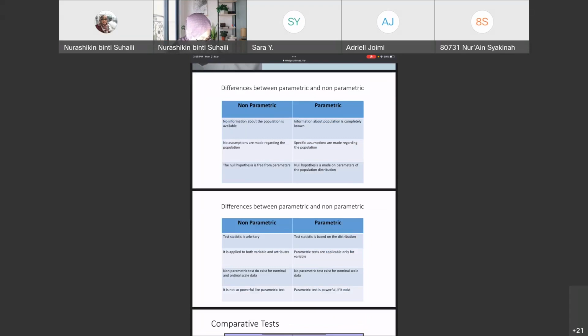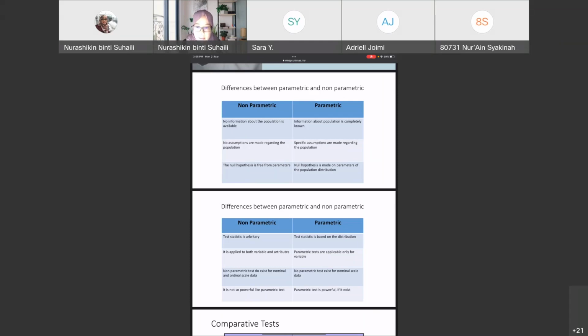What else? The test statistics are based on distribution. Test statistics are arbitrary. So basically you can see the comparison between non-parametric and parametric. For non-parametric, we don't have much information. Sometimes we cannot make assumptions, and you can see here test statistics is arbitrary, whereas for parametric we have certain things that we are sure of.